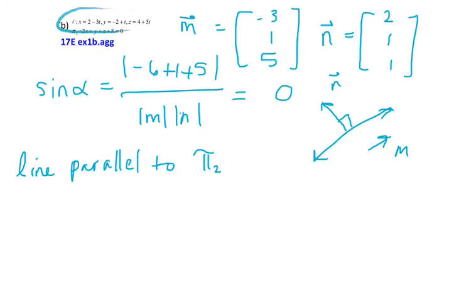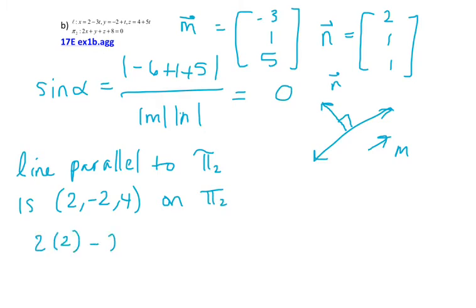So we know a point on the line is 2, -2, 4. Let's see if that's on our plane. So is 2, -2, 4 on P2? So 2 times 2 minus 2 plus 4 plus 8, is that equal to 0?